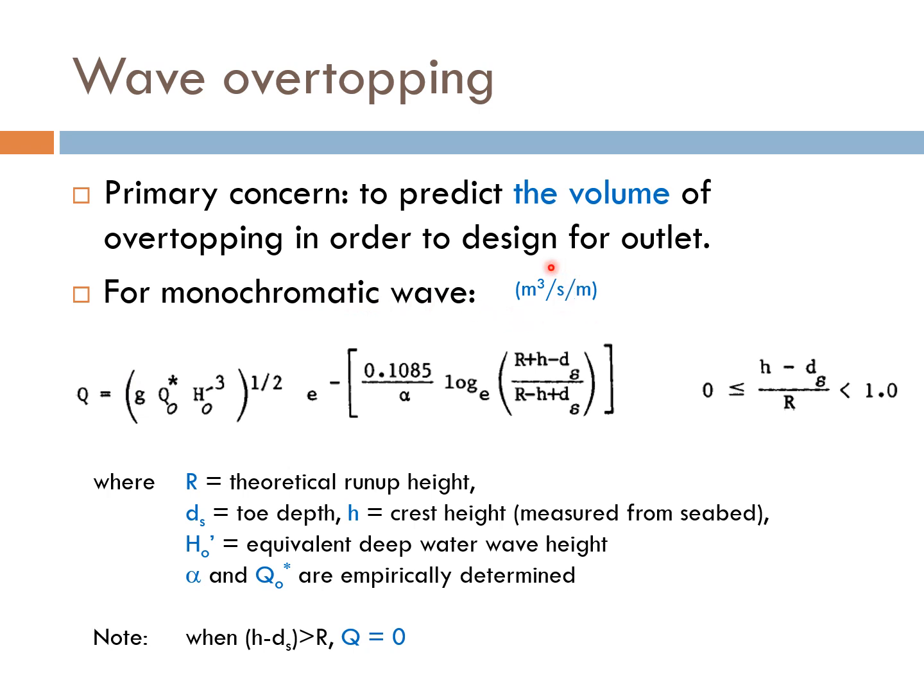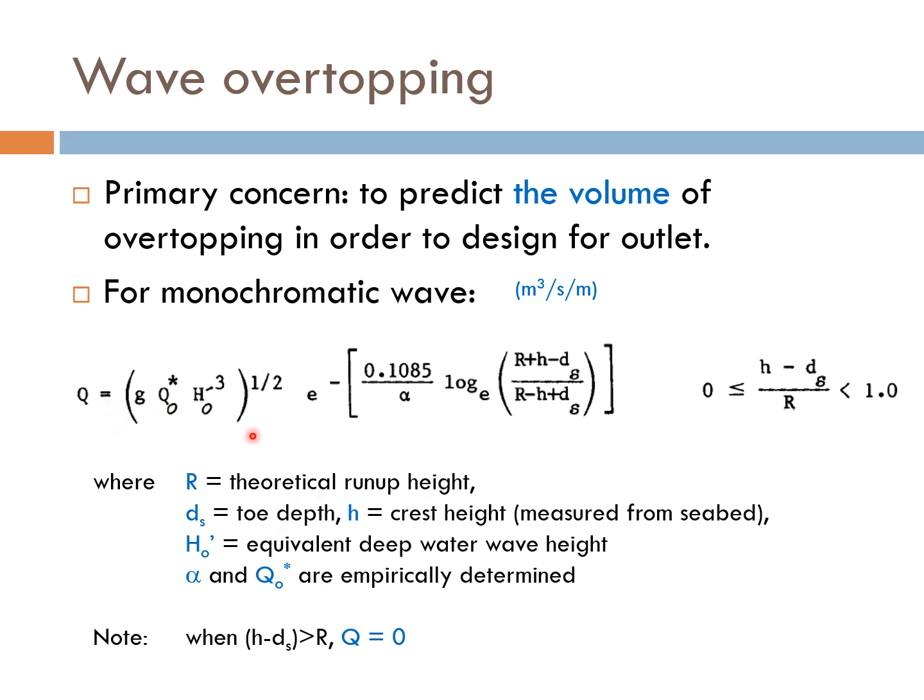That means it is volume per unit time per unit length of the structure. Now the equation is valid only for this range of the ratio H minus ds over R, whereby H is the crest height measured from the seabed, ds is the toe depth, R is the theoretical run-up height.